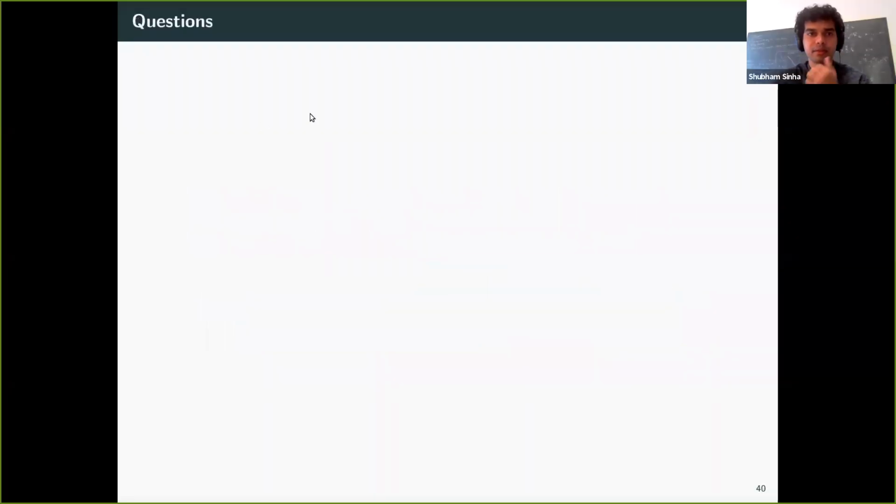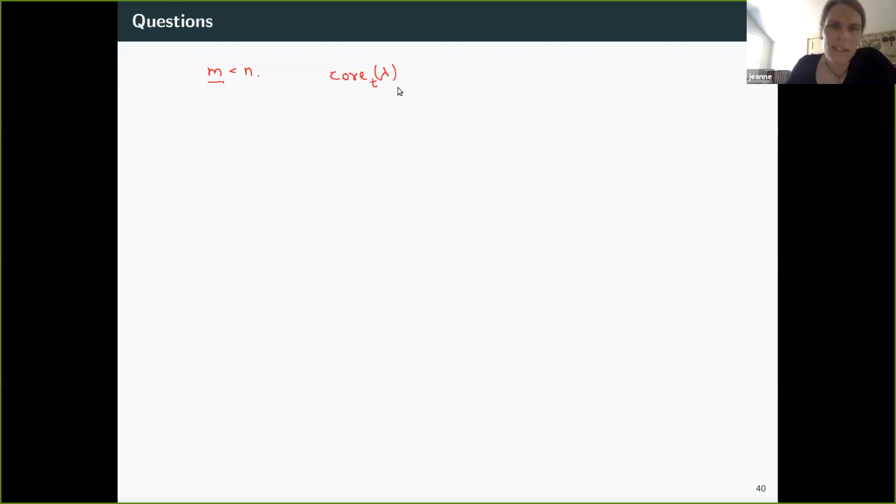So, if I'm clear, you're asking if you take M to be very small compared to N. Yes. And you're asking, so lambda is a partition of N. Yes. And you're asking the size to be M?